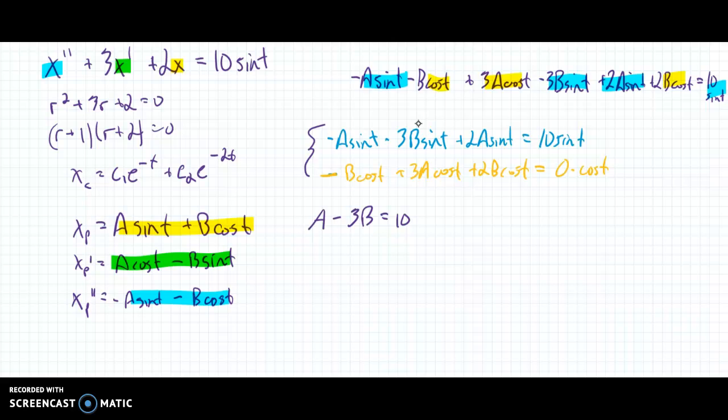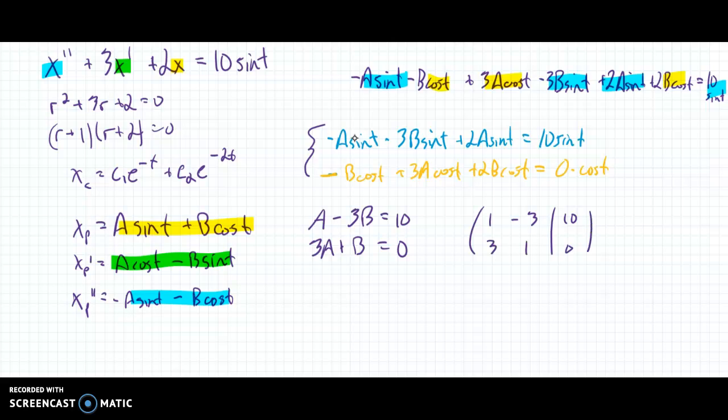And then for my next line, I'll divide by cosines. I've got minus b plus 2b, so that's 1b. So I get b. How many a's? 3 a's. Are they both positive? Yep. Equals 0. Now I'm going to use the matrix 1, negative 3, bar, 10, and 3, 1, 0.